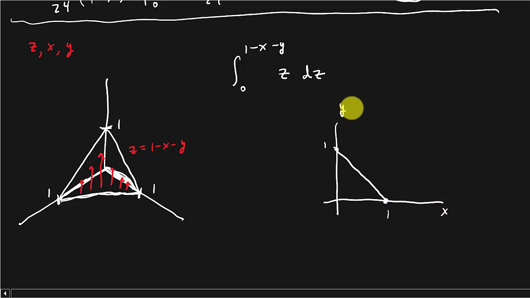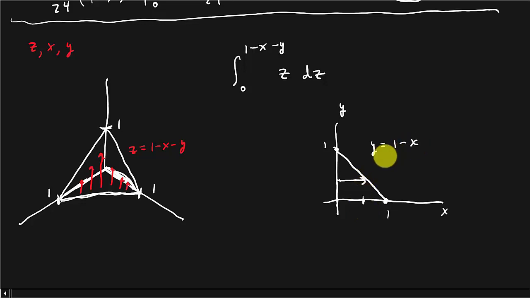But now we're going to integrate with respect to x. So the x is going from 0 to that line. And if you remember, this line was y equals 1 minus x, right? But we're integrating with respect to x, so we're going from 0 to some x value up here that hits that line.